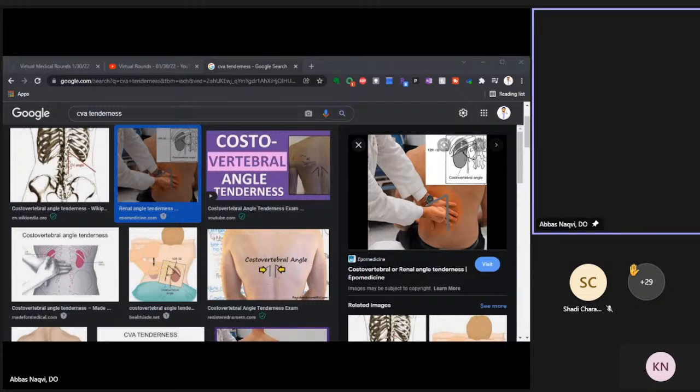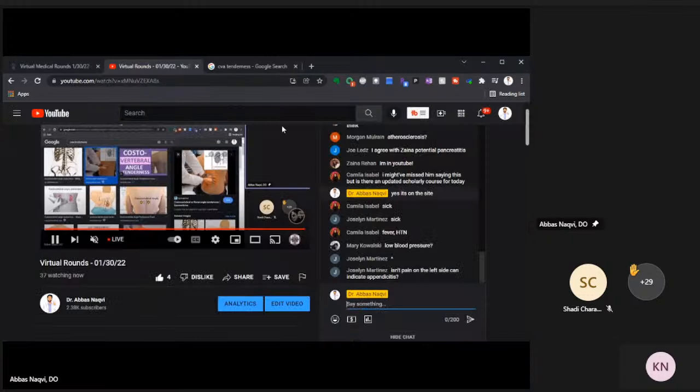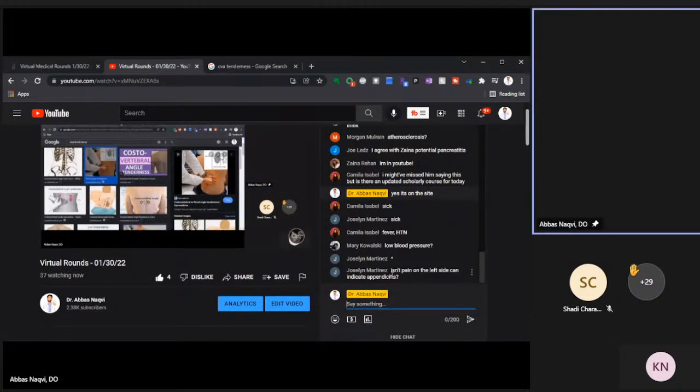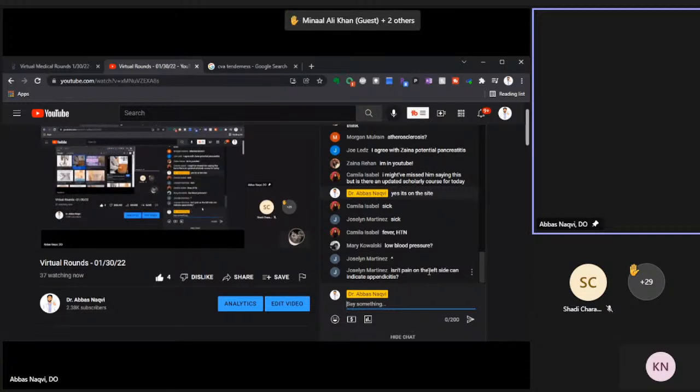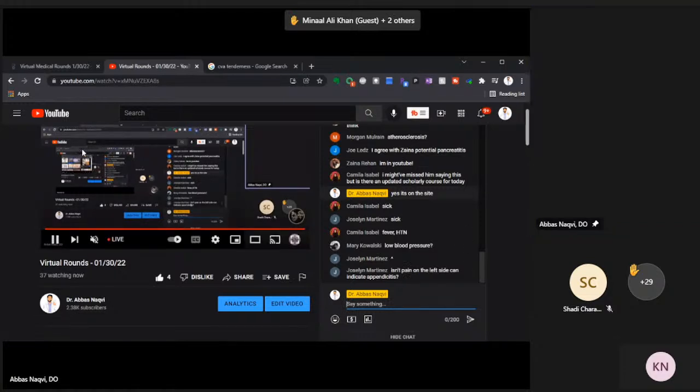So we talked about the top of your differential, but let's see. Anu, what labs would you want for this patient? And I think Jocelyn said, isn't pain on the left side indicative of appendicitis? It's possible, yeah, for sure.